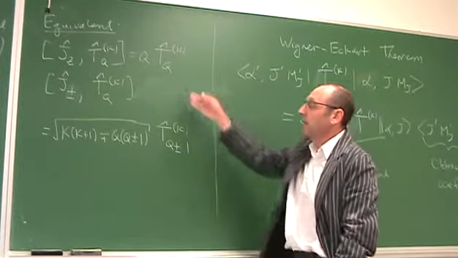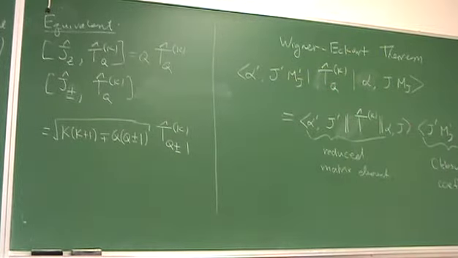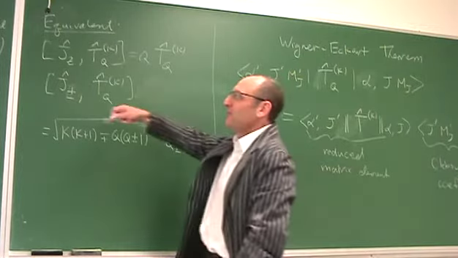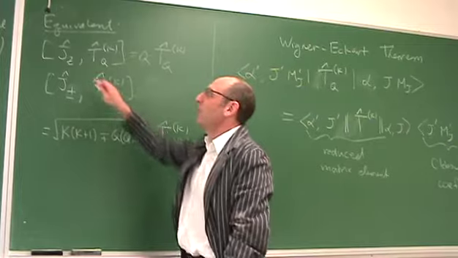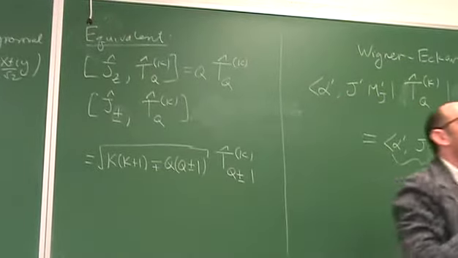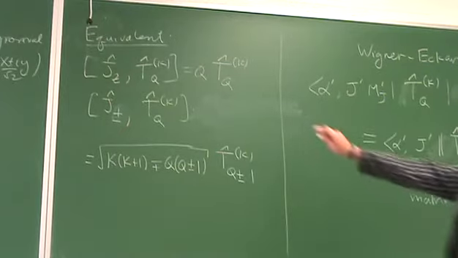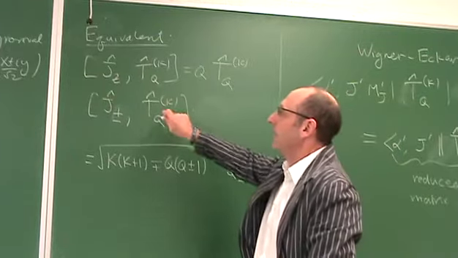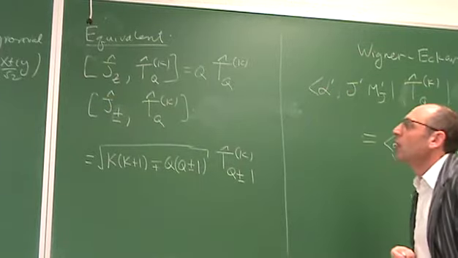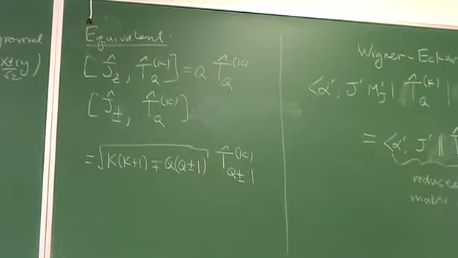And those defining relations are given here. So if we have 2K plus 1 components which have these particular commutation relations with the components of angular momentum, then we say that these are the components of an irreducible tensor operator with respect to J. Okay.